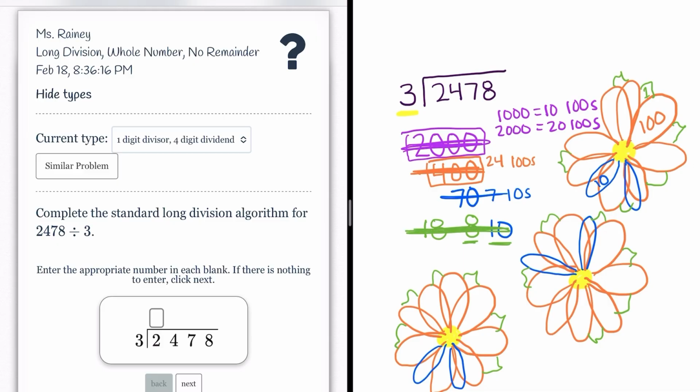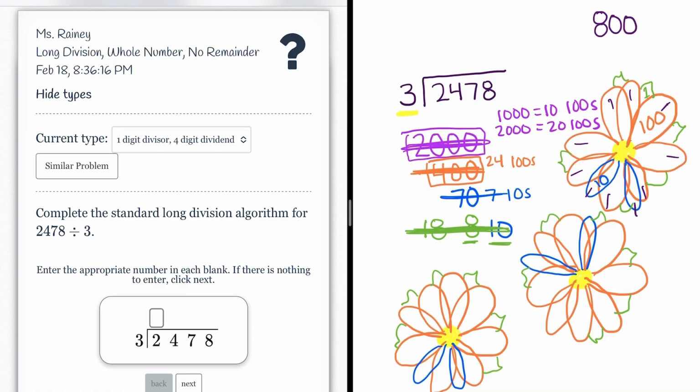I have 3 flowers that represent the number 2,478 divided evenly. So now I can go back through and count what I have. On each flower, I have 8 hundreds.